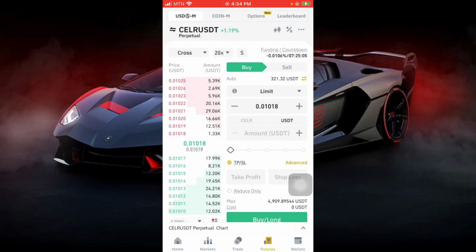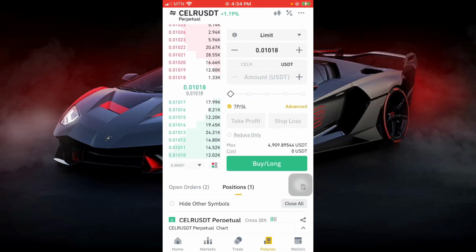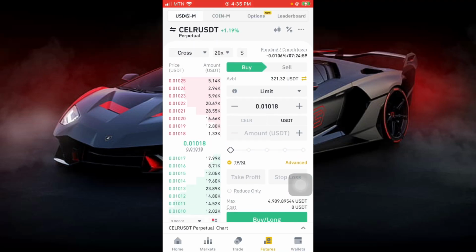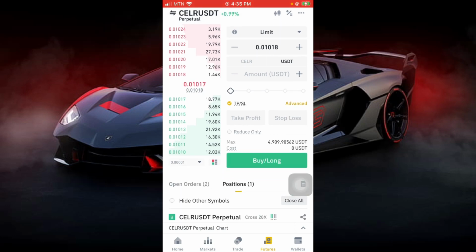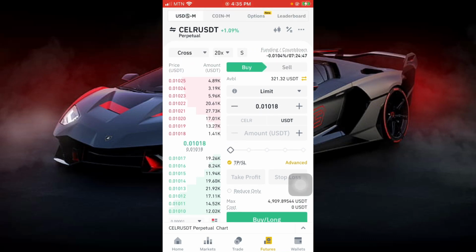We have price and amount just below the cross button. This place, we call it the order book. So the top people are those who are selling that cryptocurrency, and we have the green people just below, they are the buyers. Now at the right hand side, we have buy and sell.